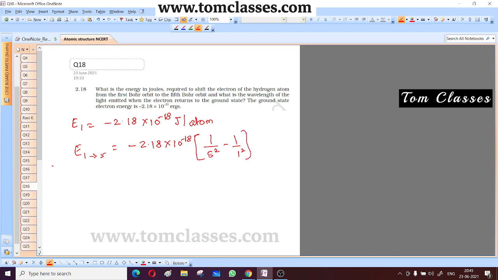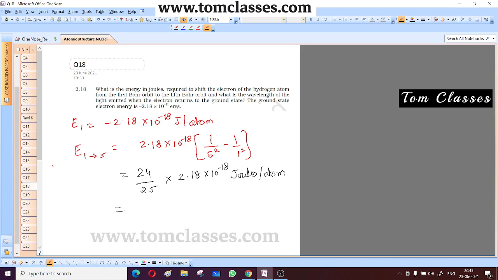This is initial energy, so it will become positive. We have to give energy here, the positive sense being that you have to provide that energy. So this value is 1 by 25 minus 1, so 24 by 25, right? So 24 by 25 into 2.18 into 10 to the power minus 18 joules per atom. That will be the energy.